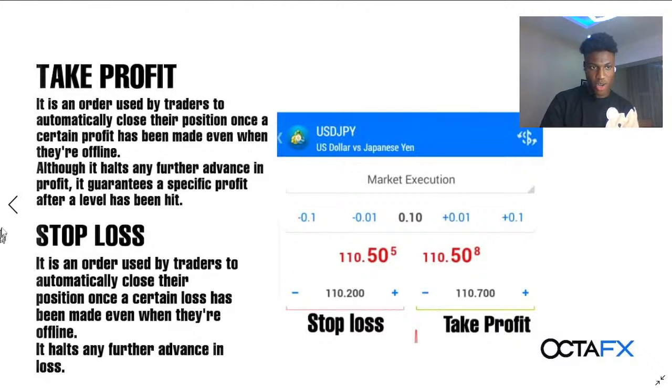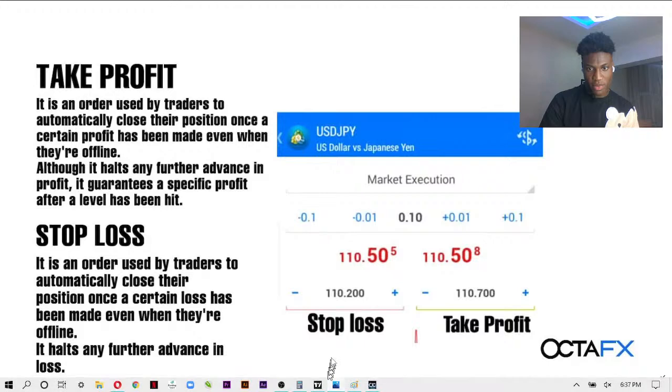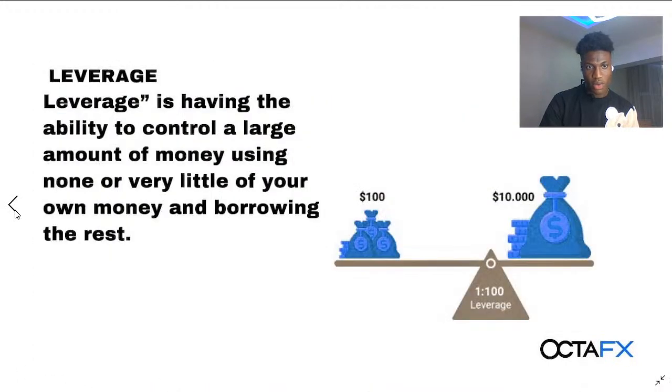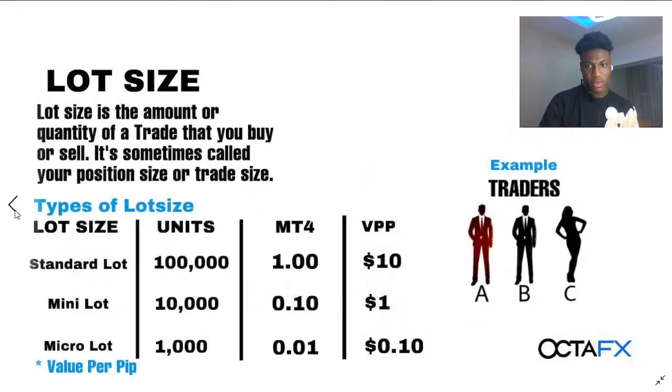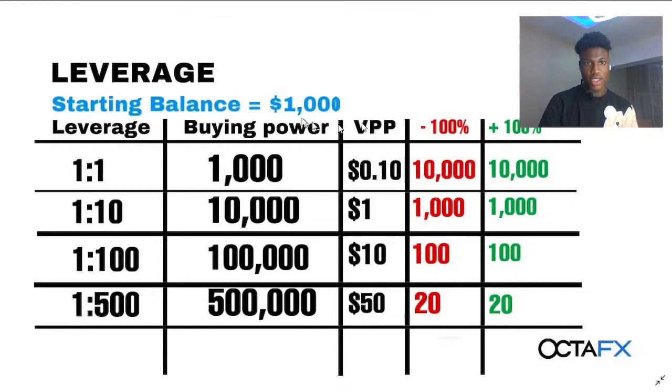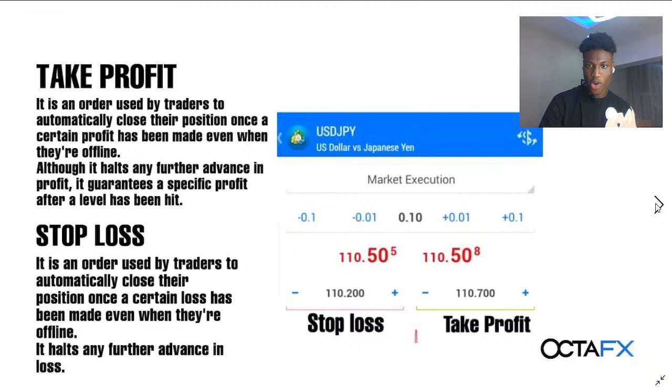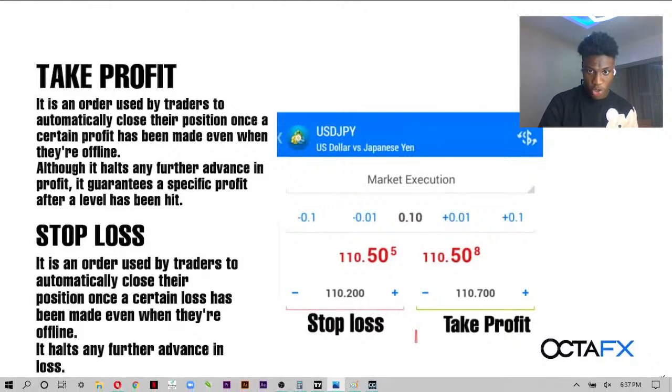So let me give you an example now. Let's say this guy with a starting balance of $1,000 hops on this trade, right? Starting balance 1,000. The lot size is, for example, 0.10.